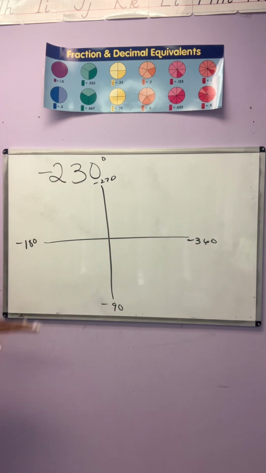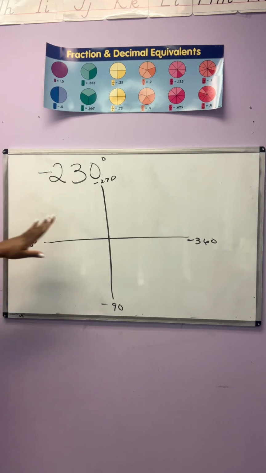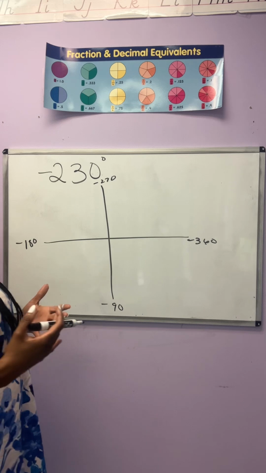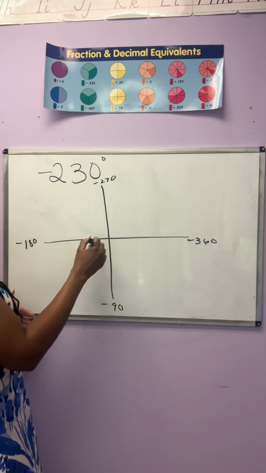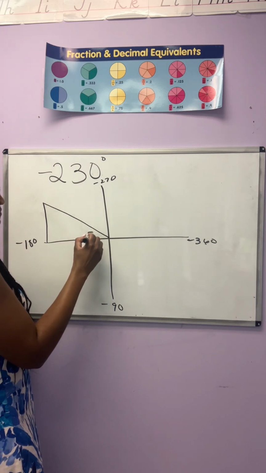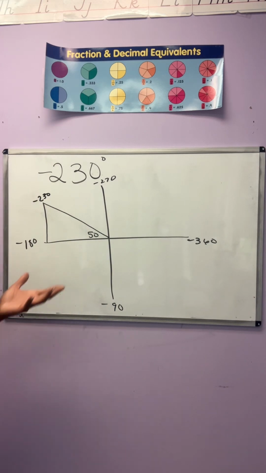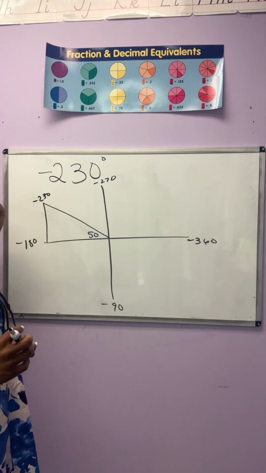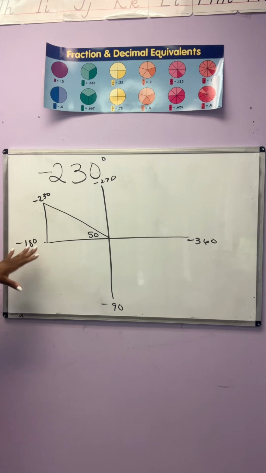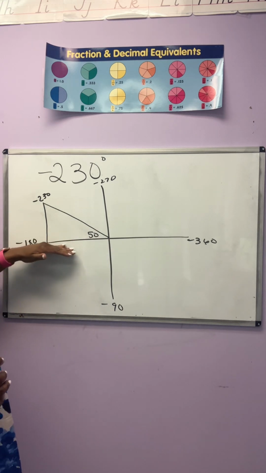So we have negative 180 right here and negative 270 right here, so I know it's in between there. This one's easier to navigate because I can say, well, I just need to go up 50 more. So this is negative 230. The difference between what I was given and that closest quadrant line, right here, is 180.